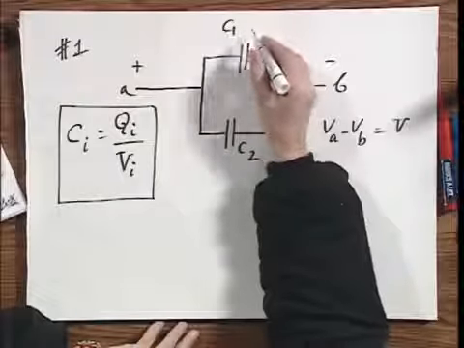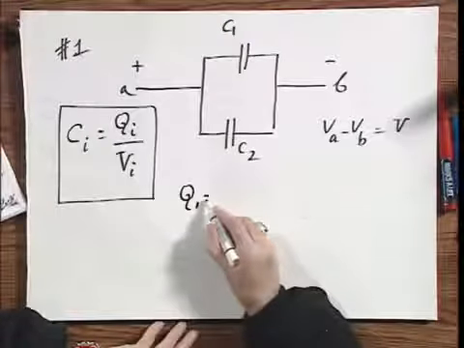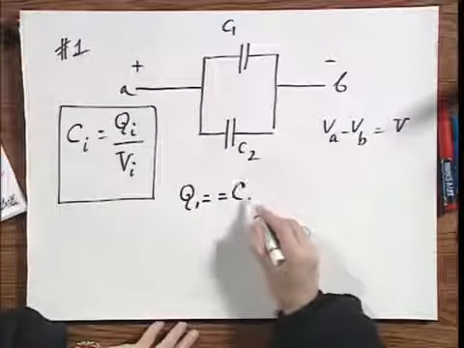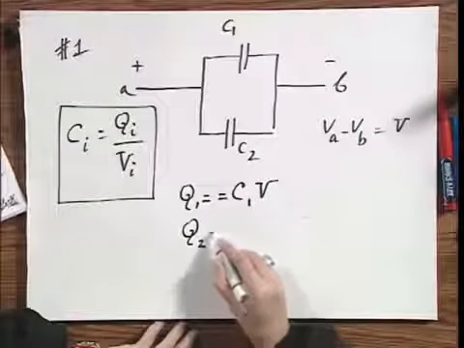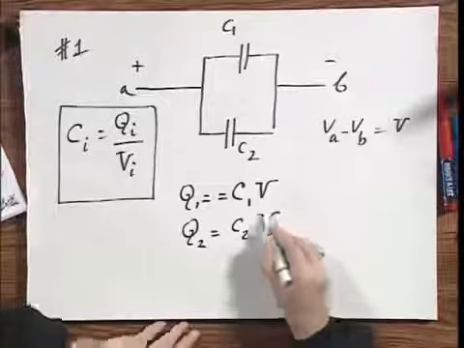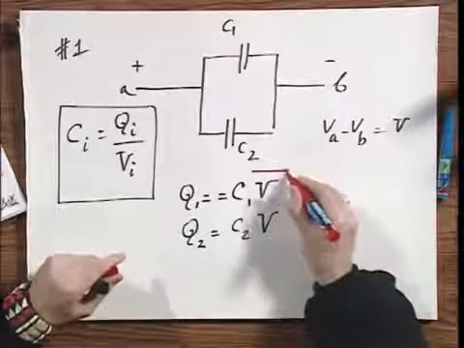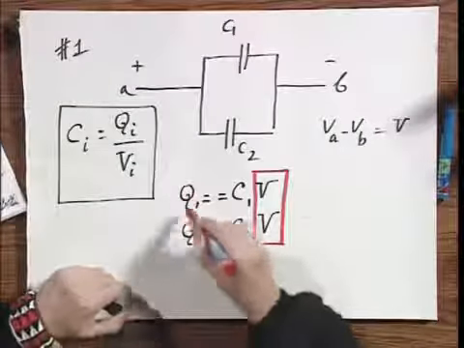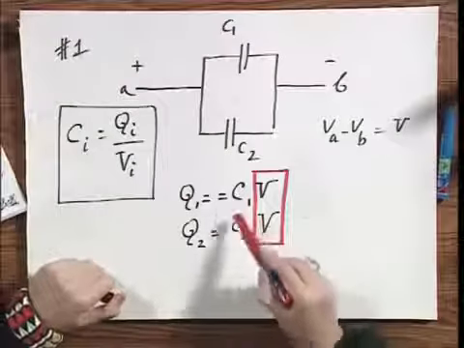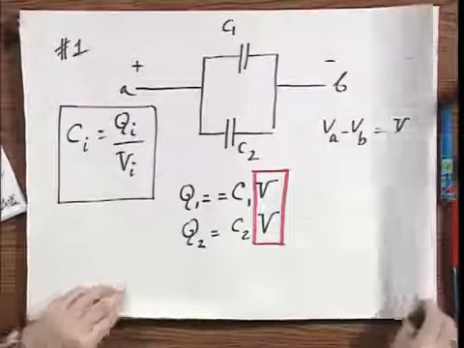So therefore the Q of 1 equals C of 1 times V, and Q of 2 equals C of 2 times V. And in this particular case, where the two are parallel, they have this in common, and the Q's are clearly different because the C's are different.